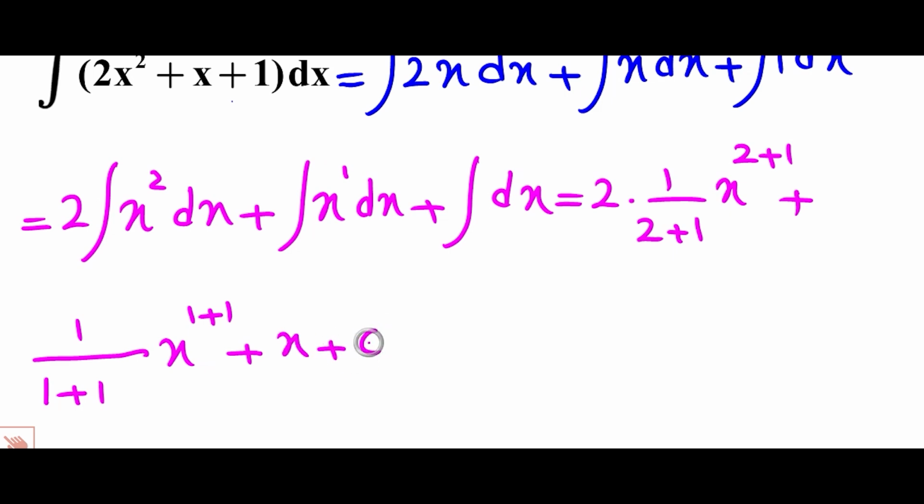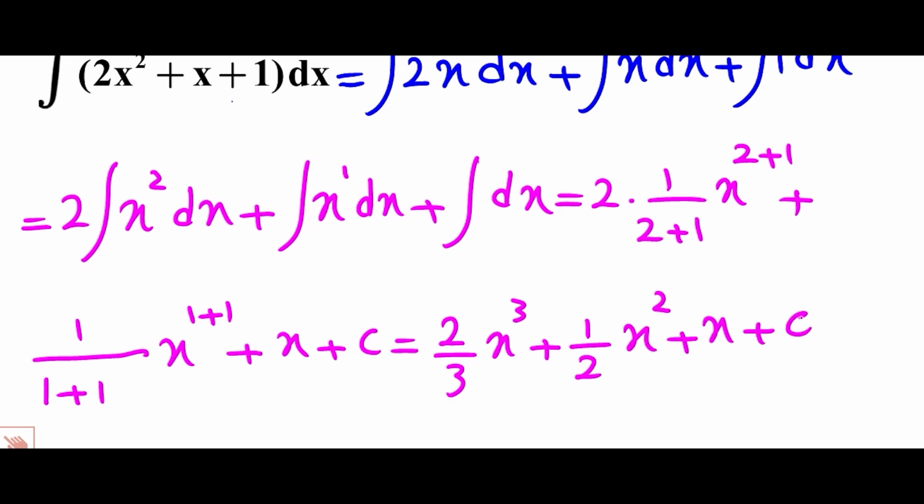Don't forget the plus c. So we have 2 times 1 over 3 is equal to 2 over 3 x cubed plus 1/2 x squared plus x plus c.